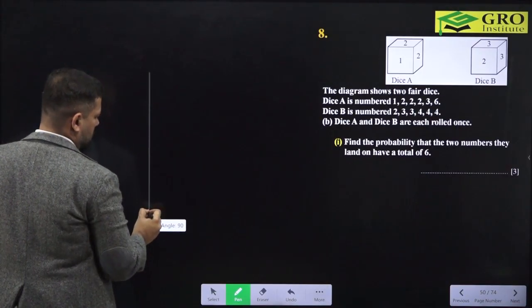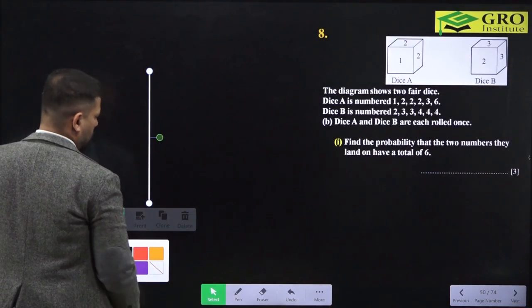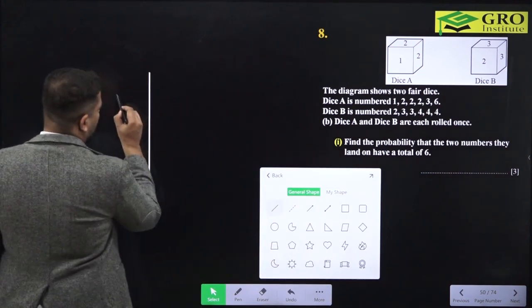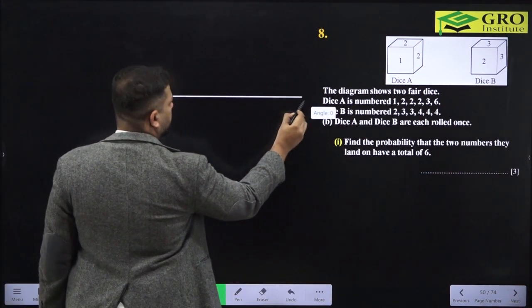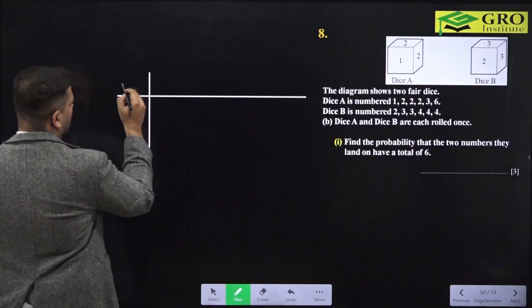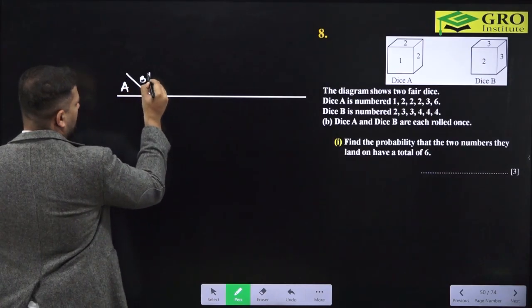Let me make it visible to you. When I talk about dice A, I'll write dice A here and dice B here.